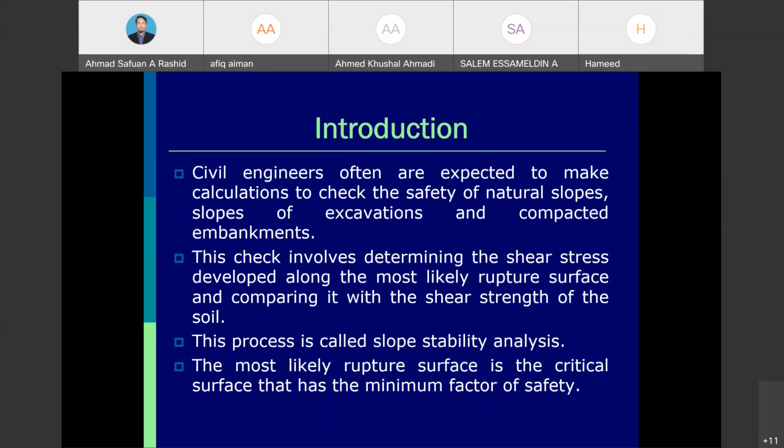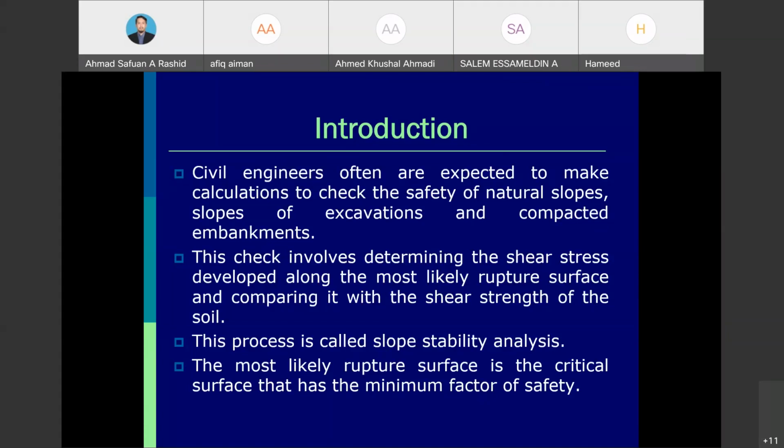These checks involve determining the shear stress developed along the most likely rupture surface and comparing it with the shear strength of the soil, as we have discussed previously.